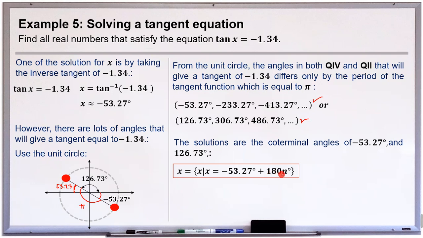So we have here 180n degrees, wherein n is any integer starting at 0, then plus and minus 1 to infinity. Now, if you input these values for both positive and negative, you will arrive at these two sets of angles. So you can also have your answer in this notation right here.